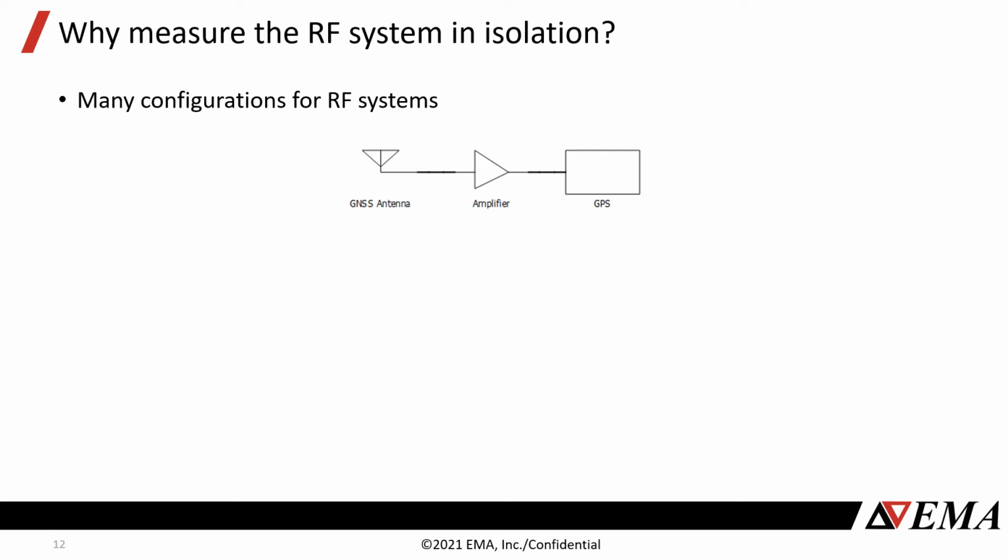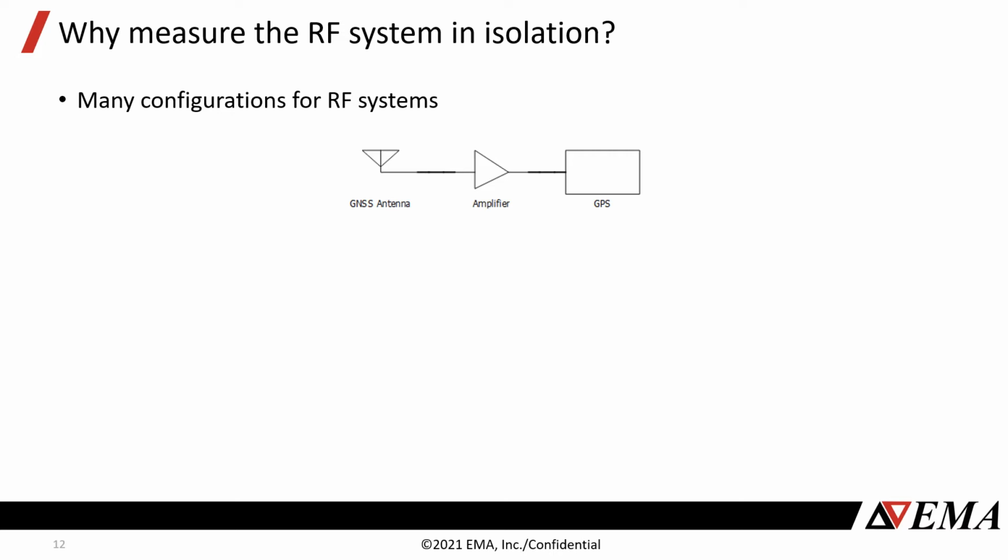Okay, so we measure our transmitters and receivers in isolation. And so what that means is our measurements are performed at the port, the RF port on the transmitter or the receiver. It's not after the antenna or some other device, it's directly at the RF port on the receiver or transmitter.